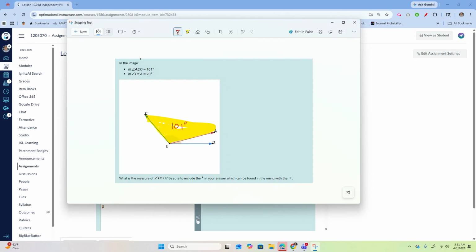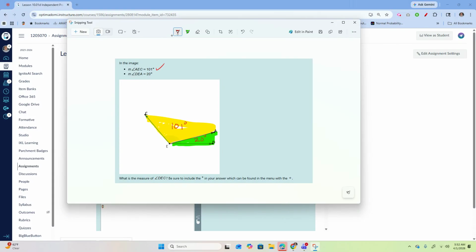See, that's what it says right here. And then the angle DEA, which I'm going to shade in green, DEA, this one in green, that is 20 degrees.